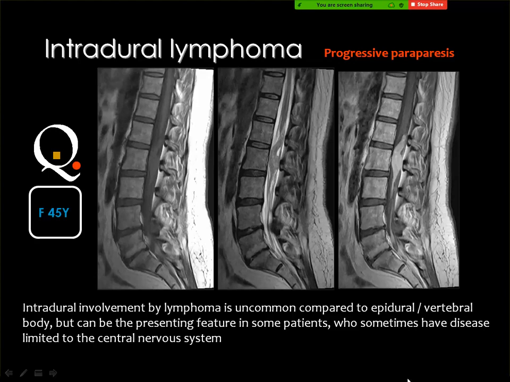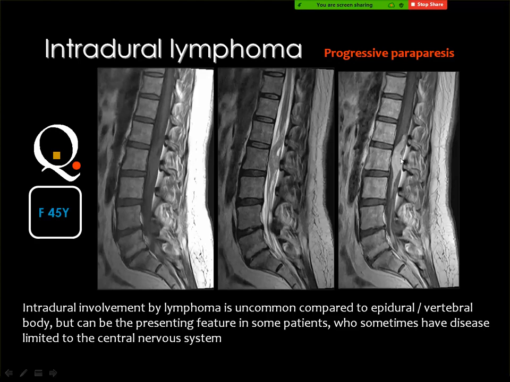Actually, lymphoma, the main location is in the epidural space, and sometimes it occurs inside the substance of the cord. But infrequently, lymphoma can occur inside the dura. Then the alternative diagnoses are the ependymoma of the filum terminale, the neurofibroma, the meningioma, and something like this.